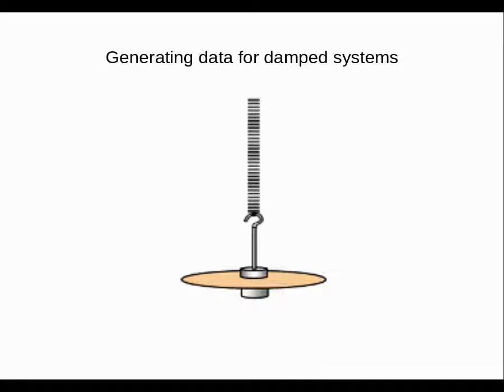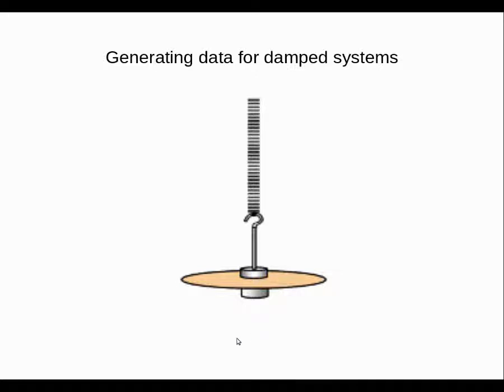So what we can do is to introduce something with a large surface area. This piece of card attached to the mass on a spring gives us a large amount of air resistance for the same mass.